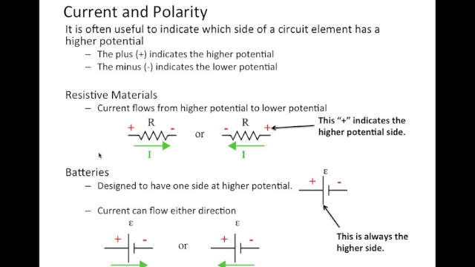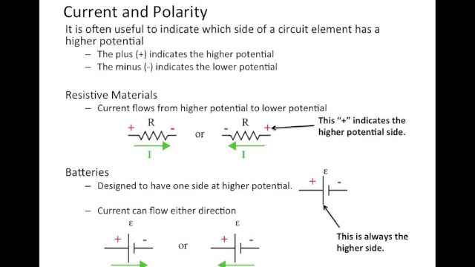Okay. Now batteries are designed to have one side at a higher potential, and so in this symbol of a battery, the long edge is the high potential and the small edge represents the low potential. So you design it so that the edge with the long side is always at a higher potential compared to the short side. And it turns out that in batteries, current can flow either direction.